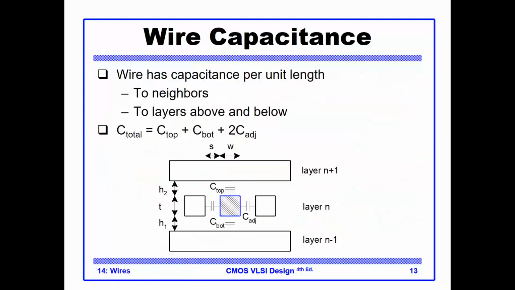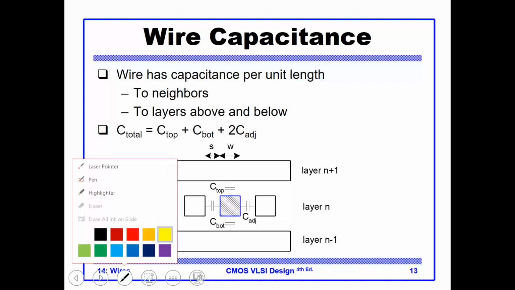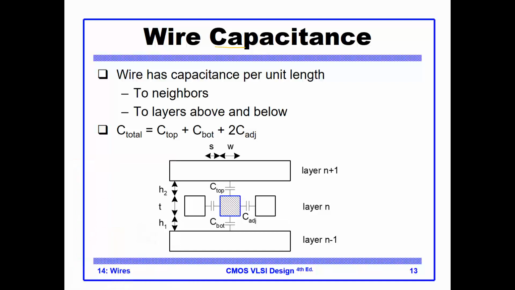Okay, so we have estimated the wire resistance. Now it's time for wire capacitance. So how do we estimate wire capacitance? Let's assume we have a cross section, and this is a wire which is going into the board.